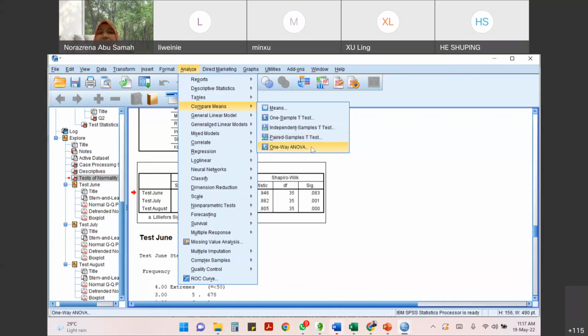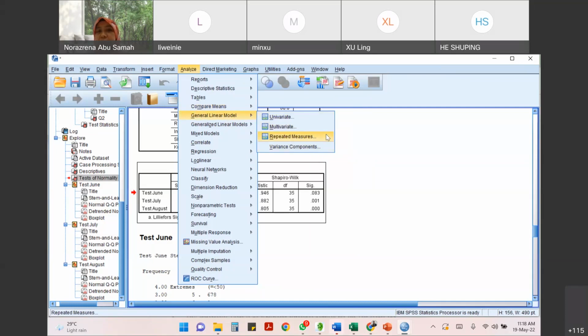And then one-way ANOVA. One-way ANOVA is for more than two independent samples. It's like the independent sample t-test: the t-test is for two, one-way ANOVA is for more than two, for three different groups, four different groups, five different groups, and so on. And then we have here the general linear model, repeated measures.